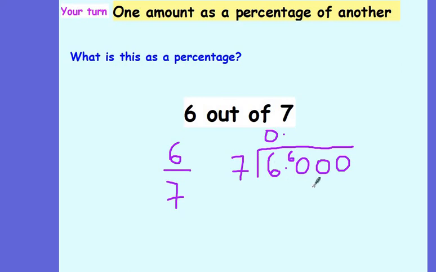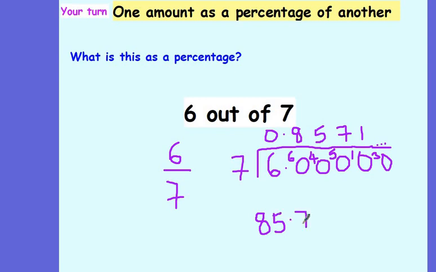How many 7s are there in 60 for me, Adam? 8, lovely, remainder 4. How many 7s in 40, Melissa? 5, lovely, remainder 5. How many 7s in 50 for me, Poppy? 7, remainder 1, etc. So this gives me 85.7% to 1 decimal place.